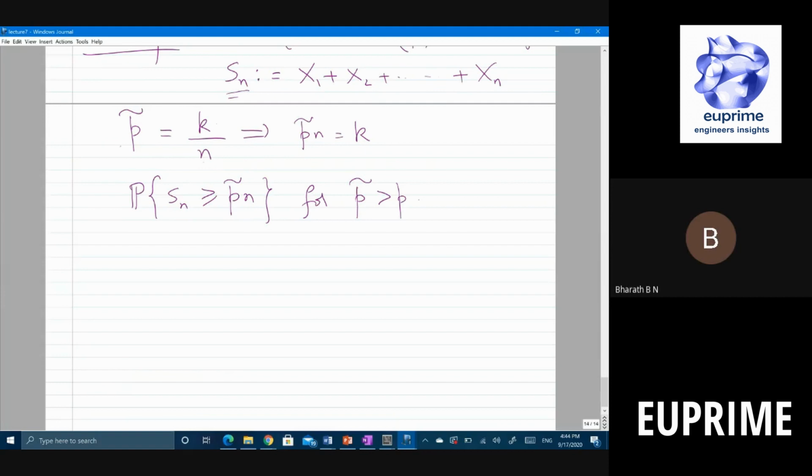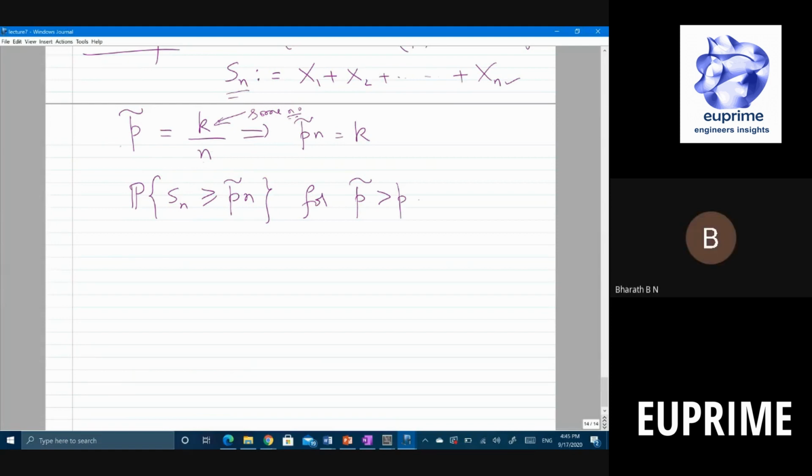K and N are some numbers. N is the number of times I'm going to toss the coin. K is some number, perhaps it can depend on N, some number less than N. Is that fine? Yes, sir.